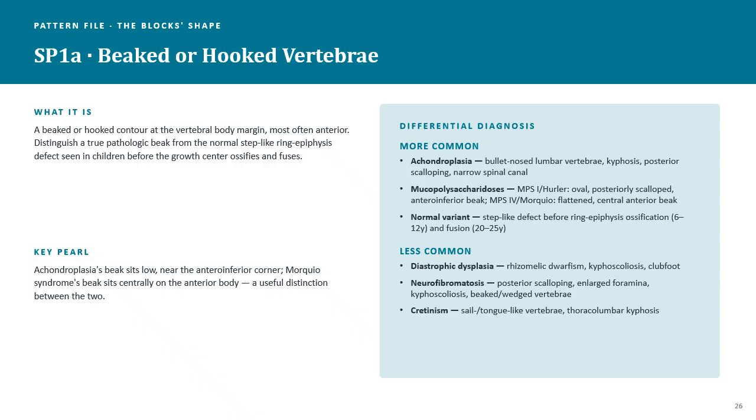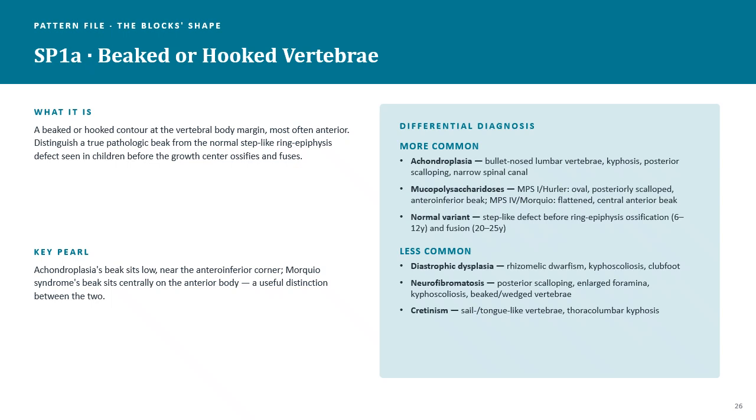Now, the location of the beak can actually give us somewhat of a clue about what the cause is. In achondroplasia, that beak is usually lower and on the front of the vertebrae. With Morquio syndrome, it tends to be more toward the center. In children, we also have to be careful because some of the normal bone development can sometimes create a similar appearance that will eventually disappear as that vertebrae matures.